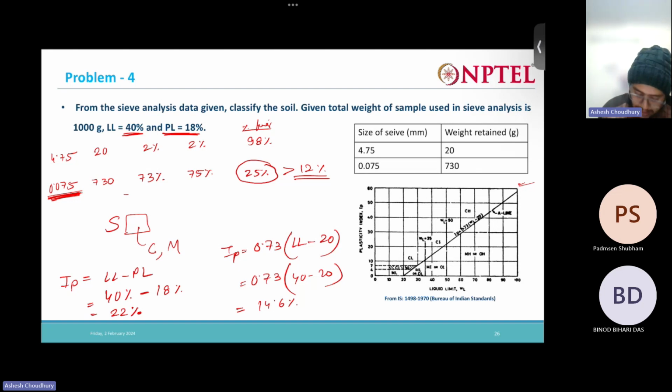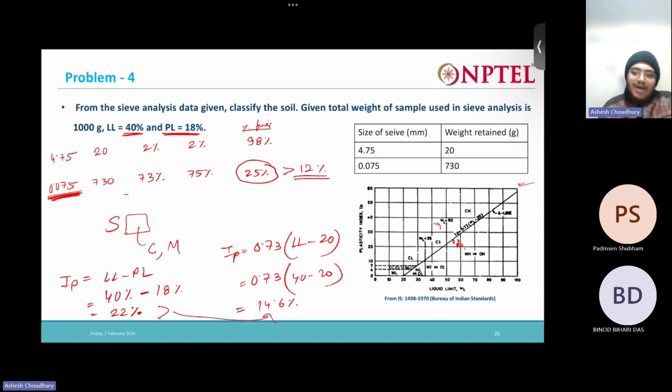Now tell me whether our soil is going to plot above the A line or below the A line. Correct, above. Why above? Because this 22% is actually greater than 14.6%.